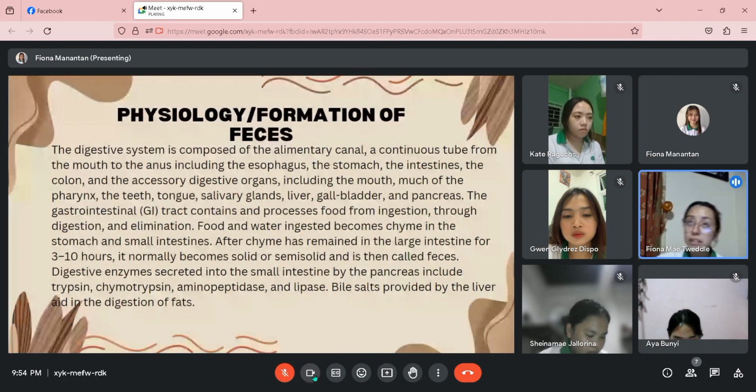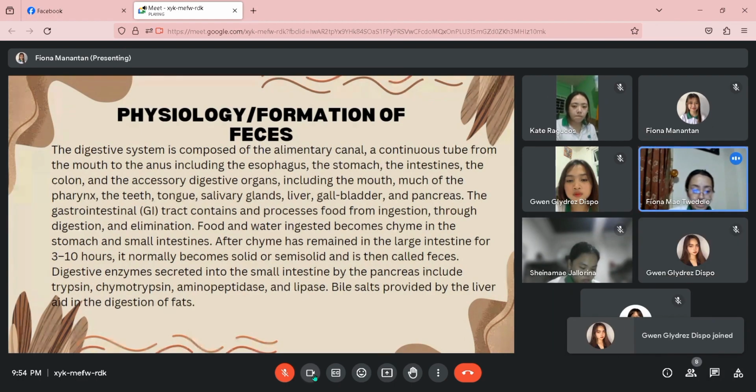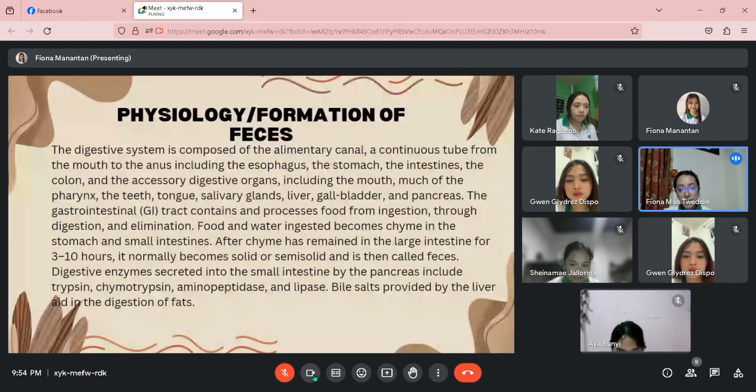And where in the small intestine are these compounds reabsorbed? They are absorbed in the microvilli, which are found on the villi of the small intestine. Our digestive enzymes secreted into the small intestine by the pancreas include trypsin, chymotrypsin, aminopeptidase, and lipase.